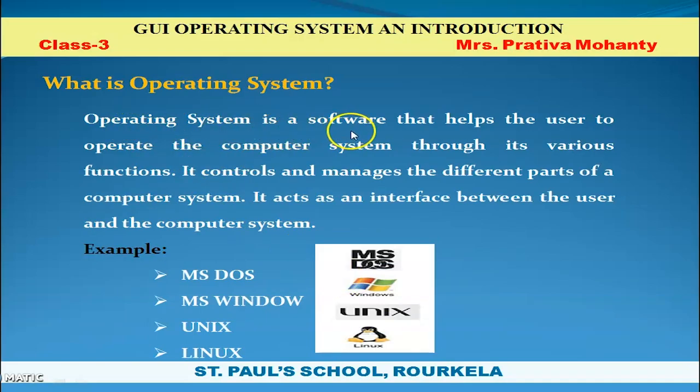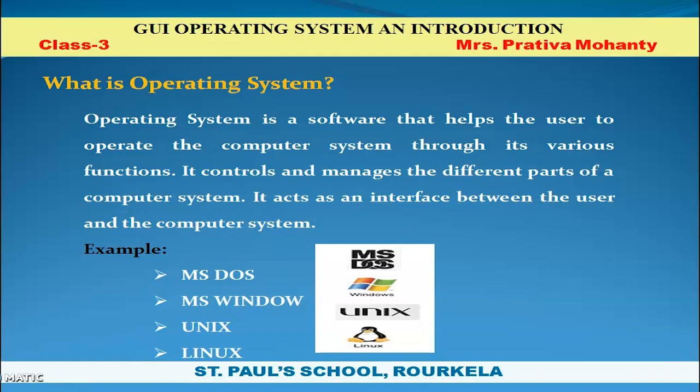Operating system is software that helps the user to operate the computer system through its various functions. It controls and manages the different parts of a computer system. It acts as an interface between the user and the computer system.